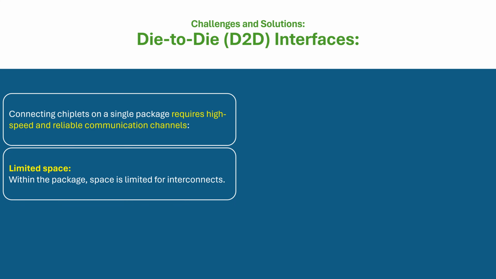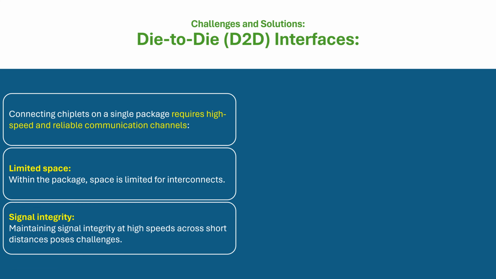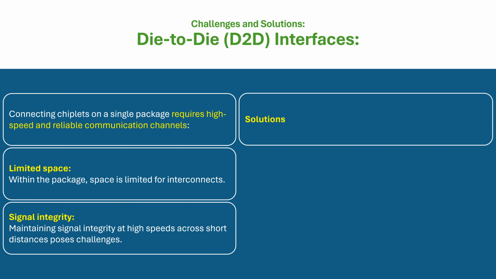Do we have it? And within the package, space is limited for interconnects. How do you handle it? Maintaining signal integrity at high speeds across short distances poses challenges. How do you handle this challenge? Okay, what are the solutions then?